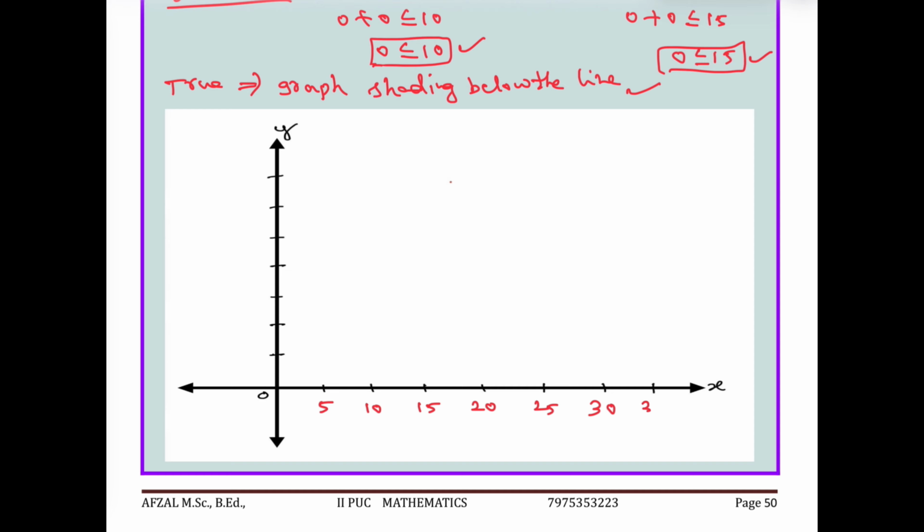11th question. If A is a unit vector, means magnitude A equals to 1, and (x minus A) dot (x plus A) equals to 8. If you multiply, modulus x square minus modulus A square equal to 8. Modulus x square minus modulus A, which is 1, square is equal to 8.